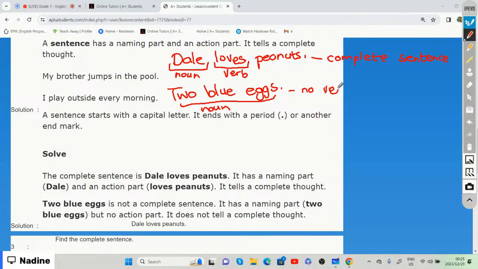It has no verb, which means that this is a fragment, because it is missing a verb. Remember, we said that a complete sentence has both a noun, which is a naming part, as well as a verb, which is an action part.